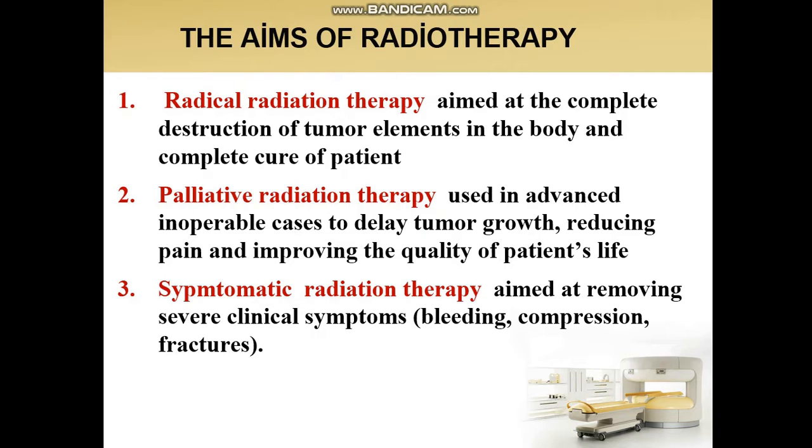Radiotherapy is provided with three main aims: radical radiotherapy, palliative radiation therapy, and symptomatic radiation therapy. Some cancers are very sensitive to radiation. Radiation may be used by itself in these cases to make the cancer shrink or completely go away. In some cases, chemotherapy or other anti-cancer drugs may be given first.